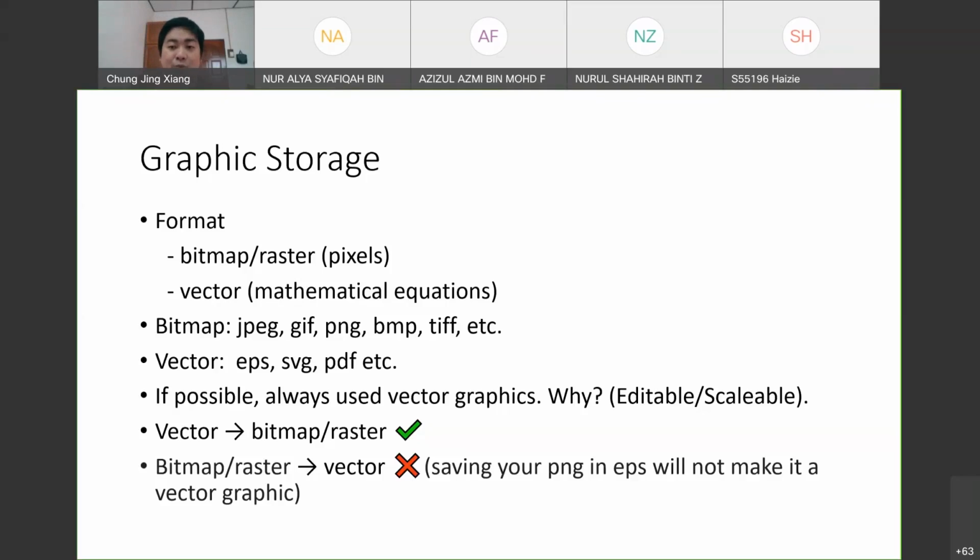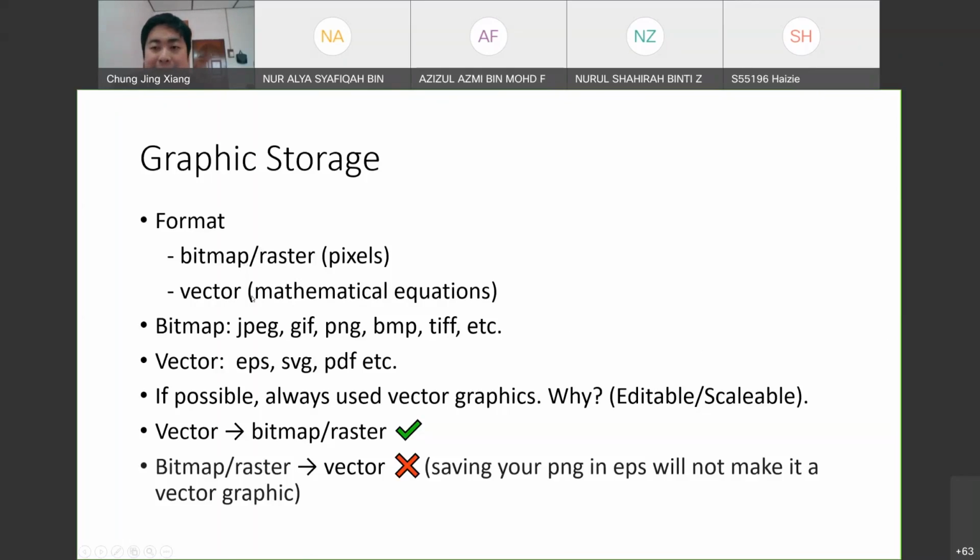Another format is vector. So vector format, unless you do a design, probably you are not that familiar with. So for vector, when you see a line, let's say if you see this line on my slide, if raster, raster will store everything, I mean, in these square boxes.